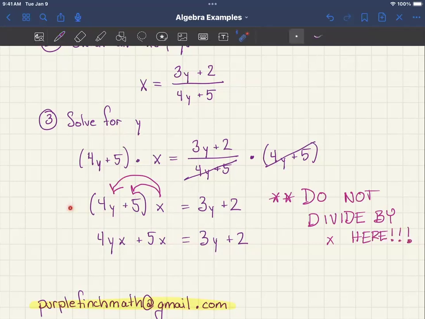Students will see that we have two things multiplied. We want x's on the other side, and then they decide to divide by x. And then you've got y's and x's on the one side, and you can't really pull that y back because you've got 3y divided by x, and it just makes a mess. So we're going to avoid that problem by not dividing by x, but instead distributing that x.